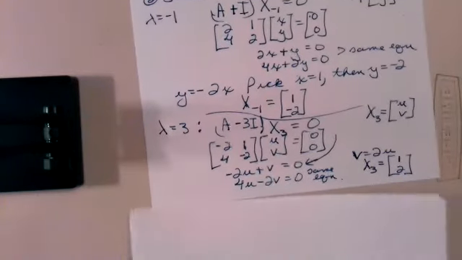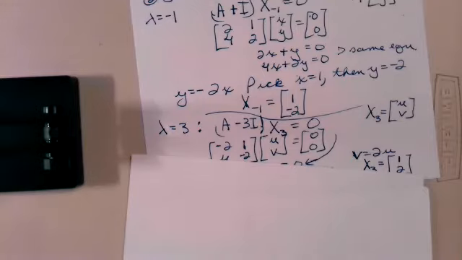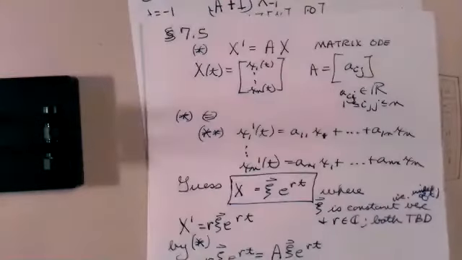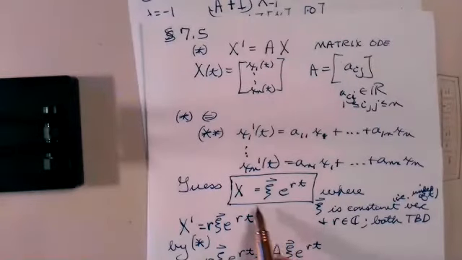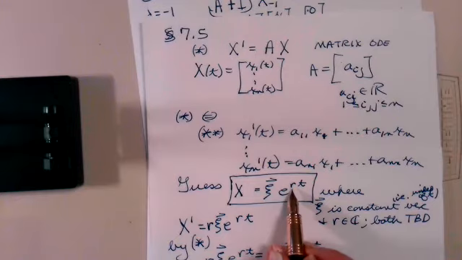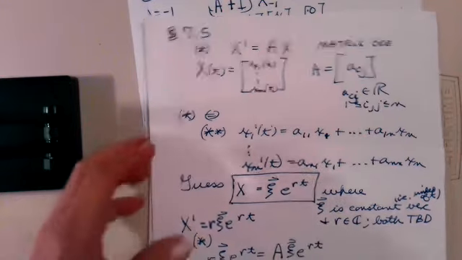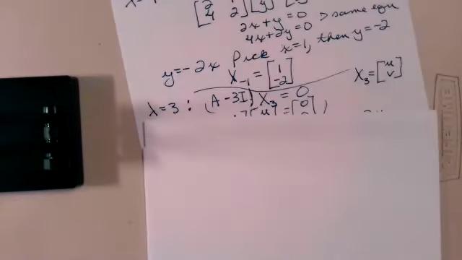And how did we form the solutions? The solutions we saw from the first calculation is that a solution is the eigenvector times e to the eigenvalue times t.